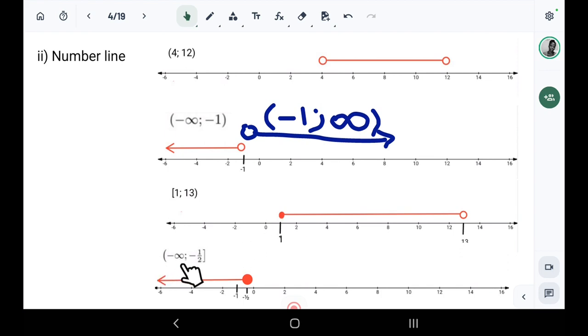For this one, the valid answers include -1/2, but they go all the way to negative infinity. So you'll have a solid dot on top of -1/2 and with an arrow pointing towards the left hand side. And that's, in a nutshell, how you represent your solutions on a number line.